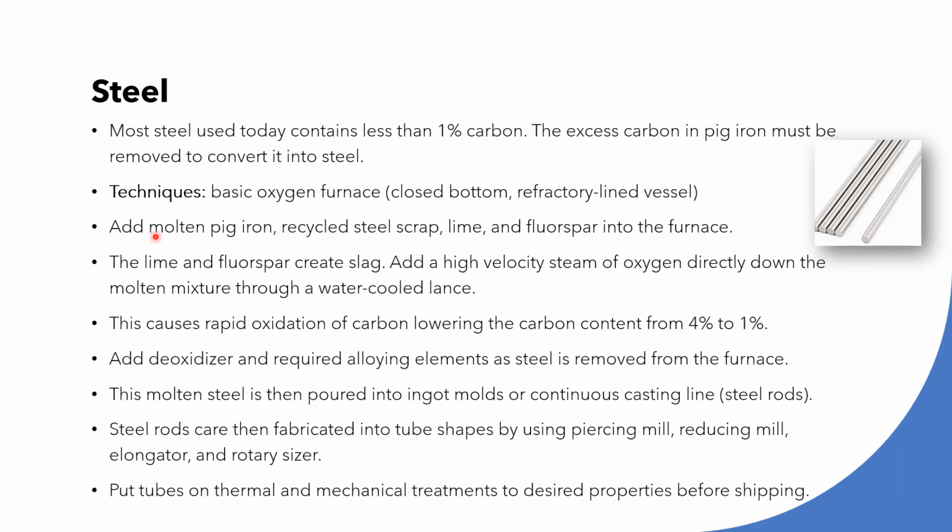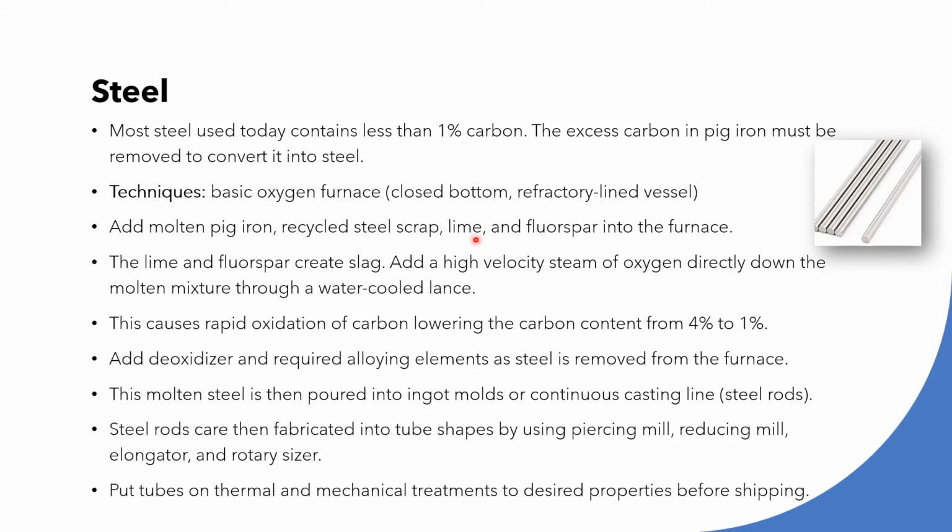We're going to add the molten pig iron, that's just liquid iron. And then we're going to add your recycled steel scrap. We always get this scrap from places like the welding lab. You throw it out in the recycle center, and somebody picks everything up and brings it back to the manufacturing factory.